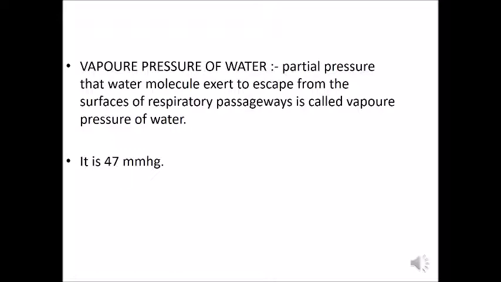It is the partial pressure that the water molecules exert to escape from the surfaces of the respiratory passages, and its normal value is 47 millimeter of mercury, and it is always fixed. Remember, whether the person is at sea level or below sea level or at the high altitude, this 47 millimeter of mercury will not change, it will always remain fixed.